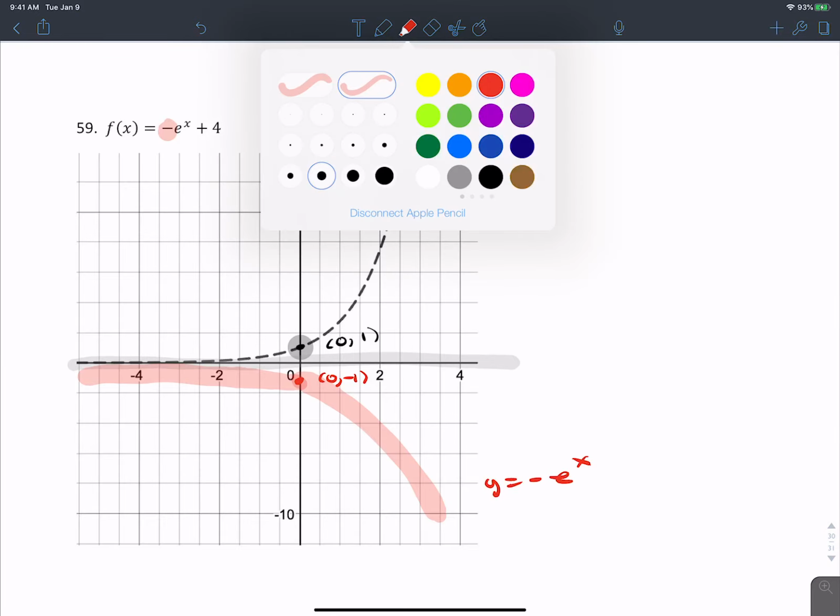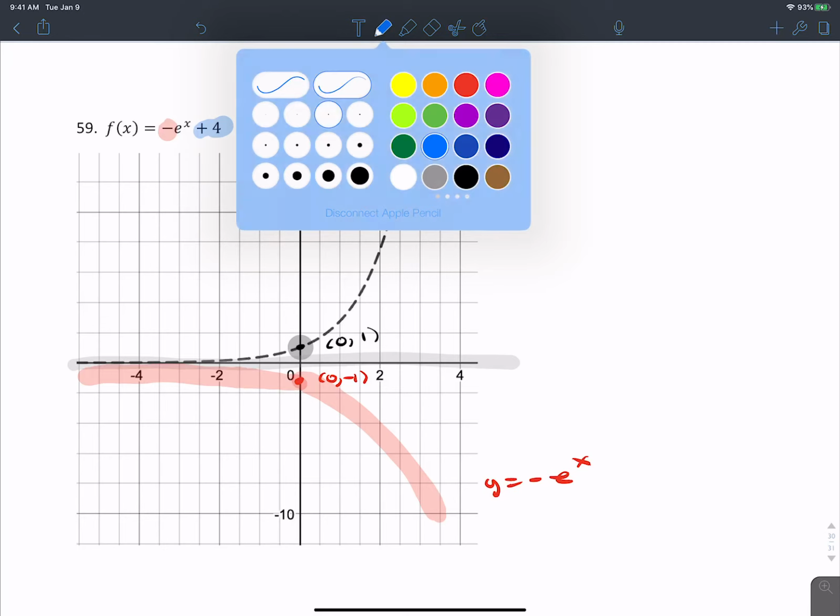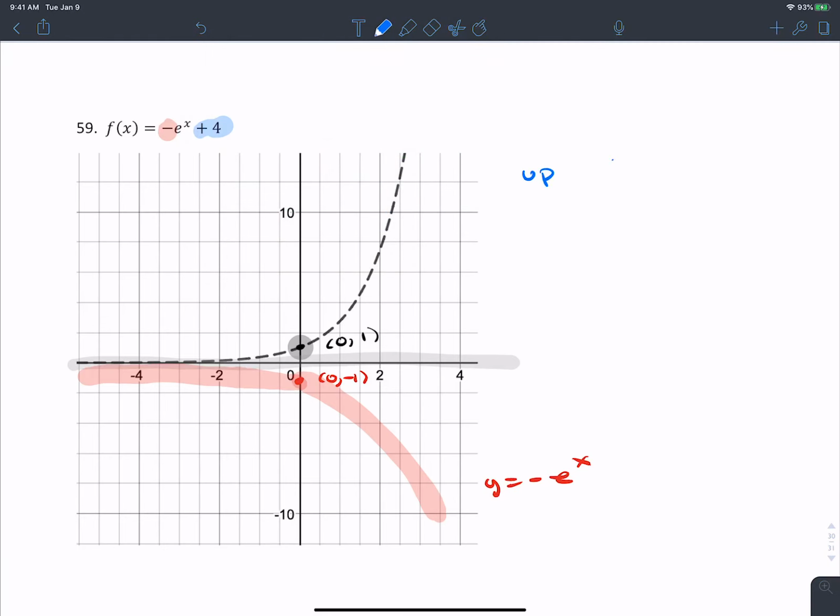We're going to have to now add 4 units, which means we're going to have to shift every point up 4 units. So that's an upshift. Okay, so let's try that out. We're going to shift every point up here 4 units.